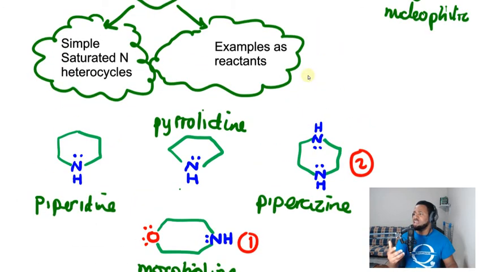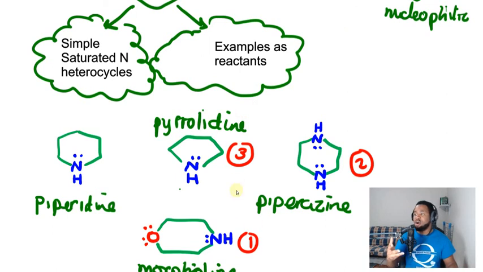And finally there is pyrrolidine, which is our third case, which is going to be acting as a reactant. So take note, we're going to have 3 examples that show how these compounds, acting as reactants, are used to make products.